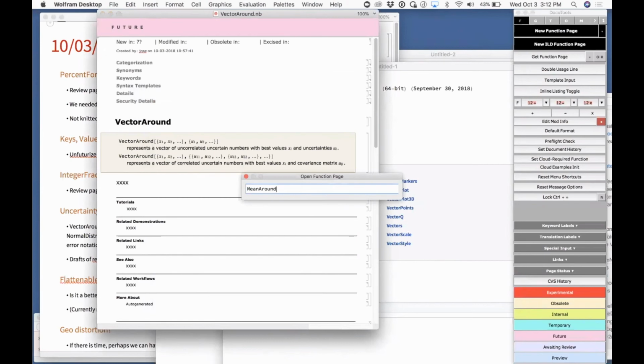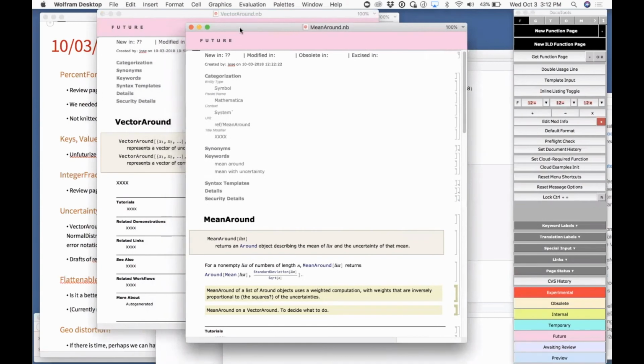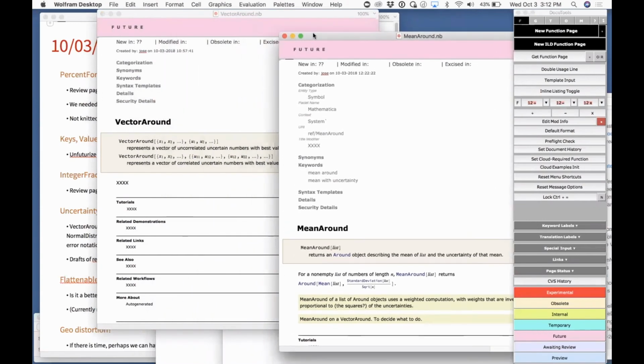The matrix is not a covariance matrix normally. It is. If you go to covariance matrices in statistics... No, I understand. I'm saying for a round, the second argument of a round, normally there's no covariance because there's only one thing. Exactly. For a number, it's just one u. Yeah, all right. This is convincing me that vector around has to be separate.